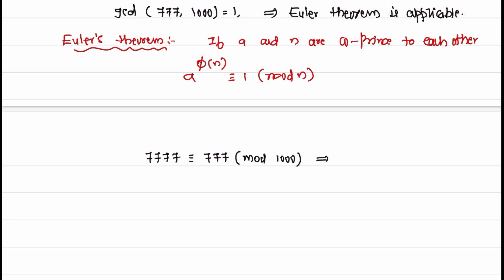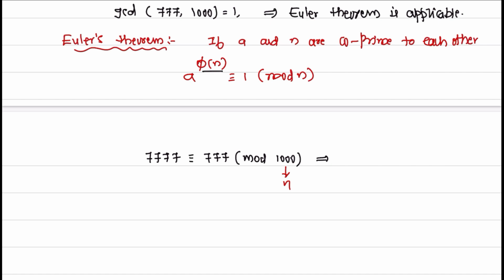Here n is the mod, this is n. That means if you want to find out with respect to mod n, then n is equal to 1000 and we are required to find out phi n.